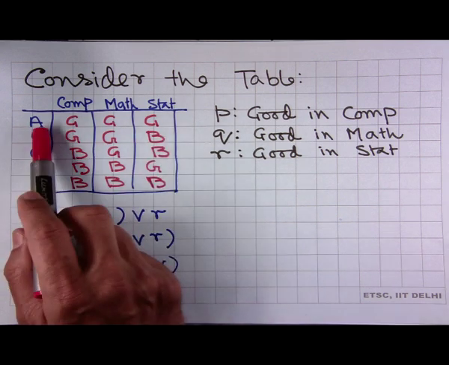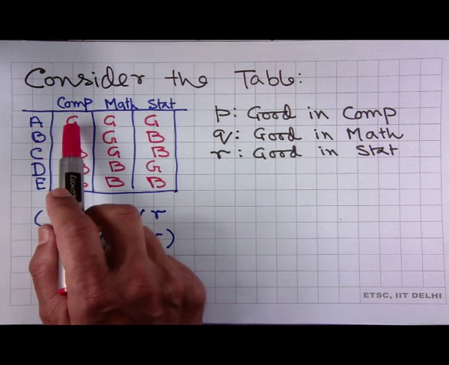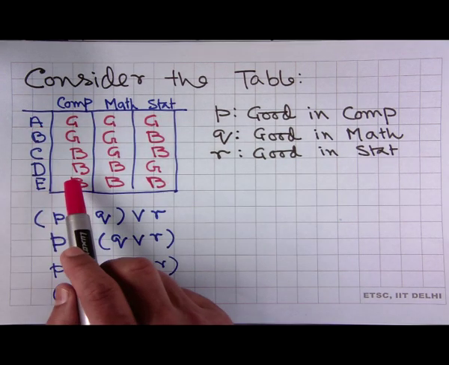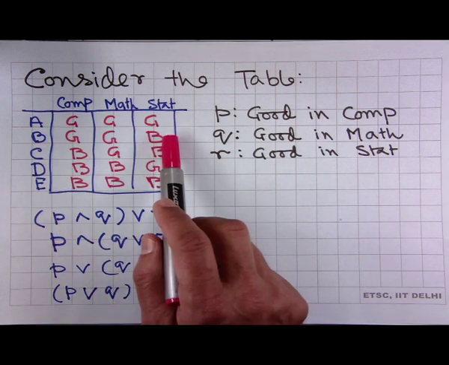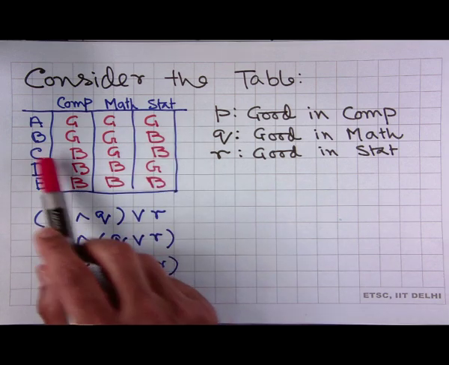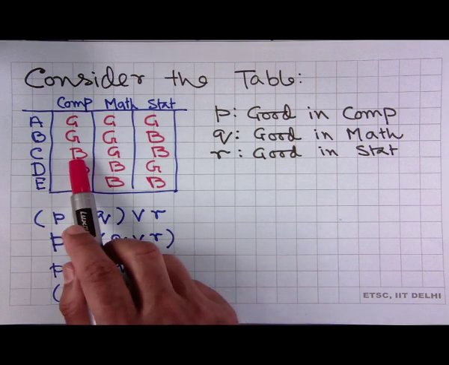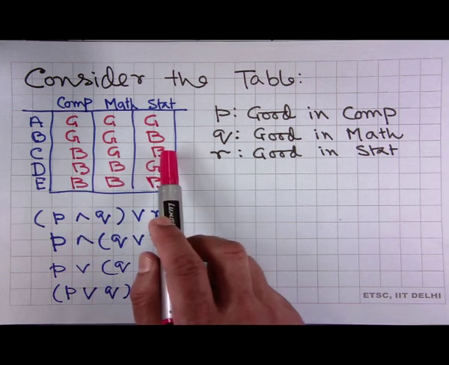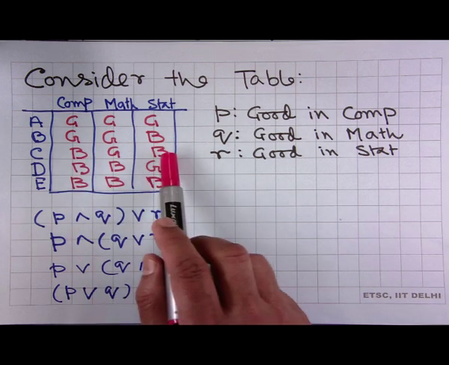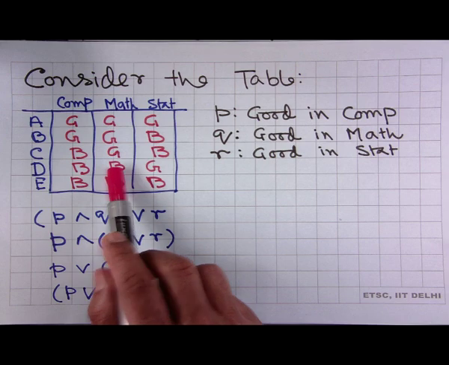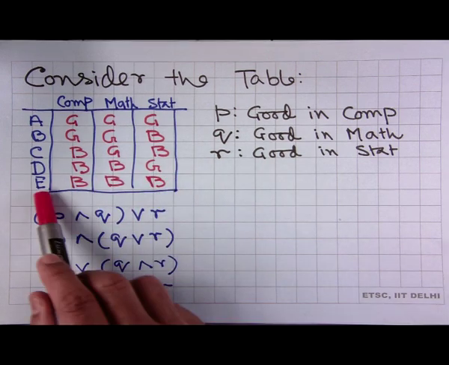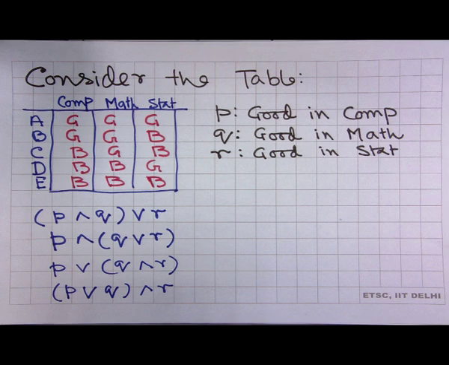Therefore, we can see that A is good in all the 3 subjects, B is good in computer and maths, but bad in statistics, C is good only in maths, but bad in both computer science and statistics, D is bad in computer and maths, but good in statistics, and E is bad in all the 3 subjects.